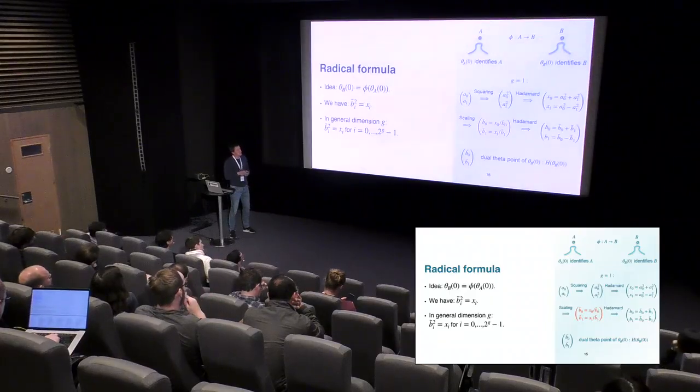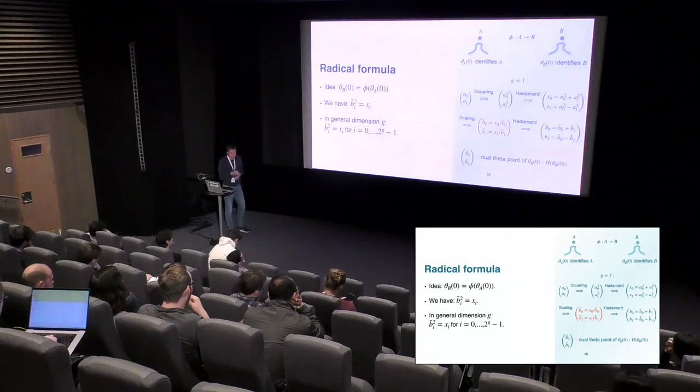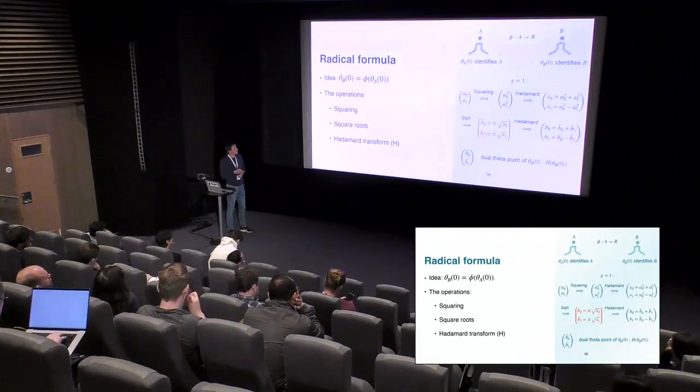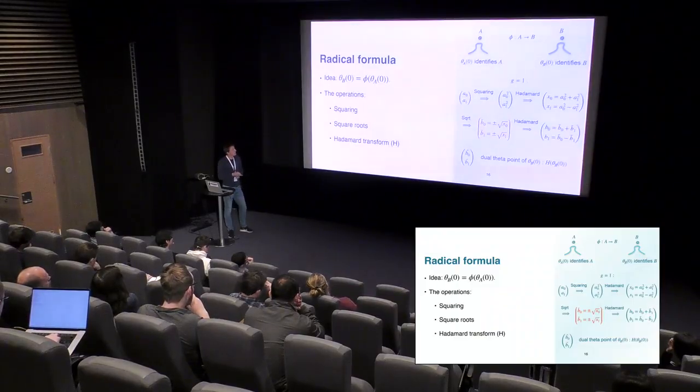And then coincidentally, you also use the Hadamard at the last step because this is the dual, and if you do the Hadamard on the dual, you get again the original point. Yeah, our radical formula is similar to the work from last year, but it uses square root computation instead of scaling at this step.